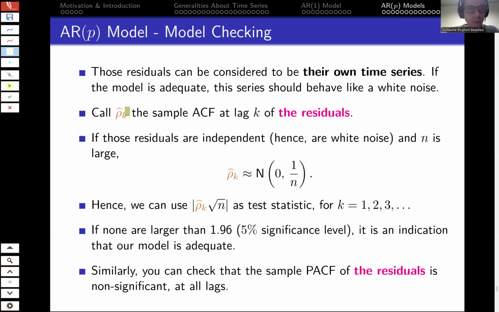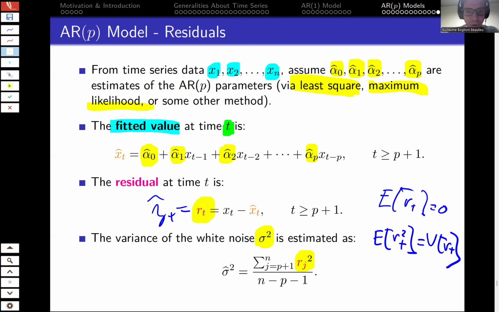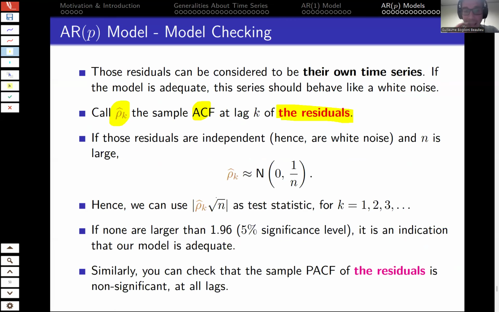And here, the notation I'm using just for this slide, rho hat k, would be the sample autocorrelation of the residuals. Again, view this series of R's as its own time series, so you can compute its own autocorrelation function, and you want this to behave like a white noise, so you should not see anything significant in the autocorrelation of this series of residuals, which is what is said here.